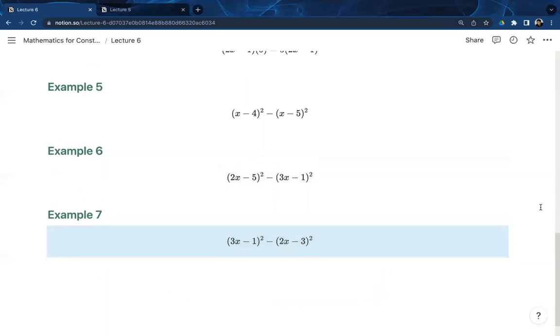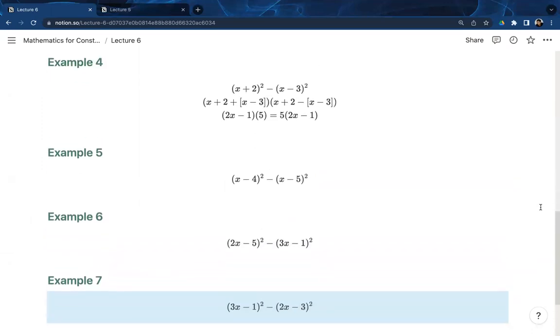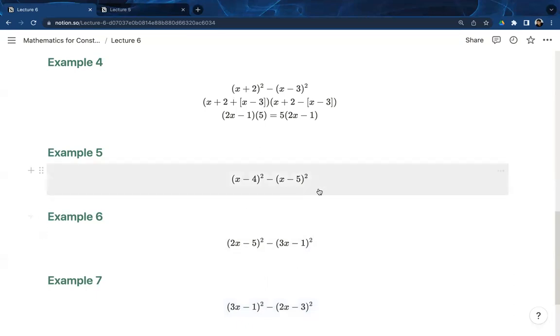Right, so try these problems here, not by expanding and collecting like terms, but by recognizing the difference of 2 squares and thereby the answer is a product of 2 brackets. Okay.